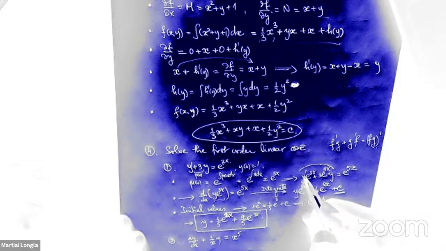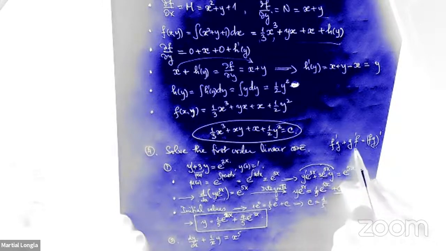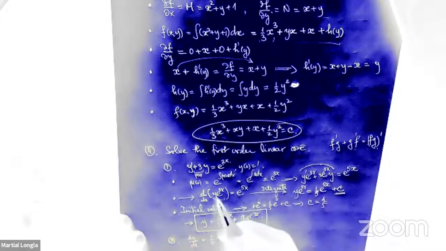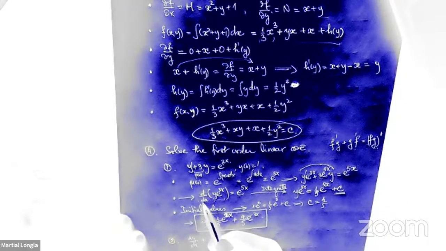Here, f is y, and g is e to the 3x. So you got y prime times the function plus the derivative of this one, g prime times f, which is f times g, y times e to the 3x, derivative d over dx.